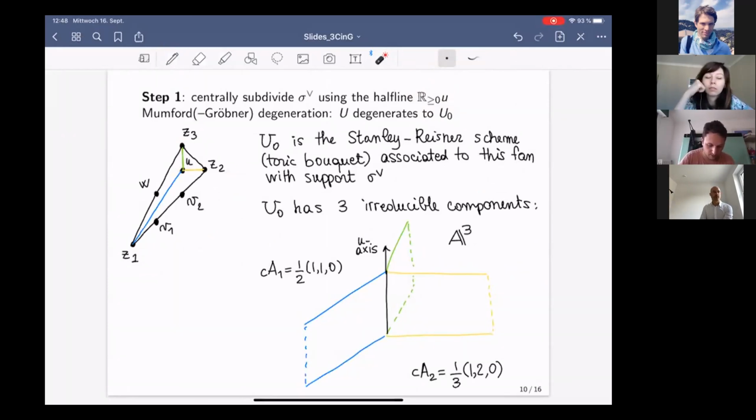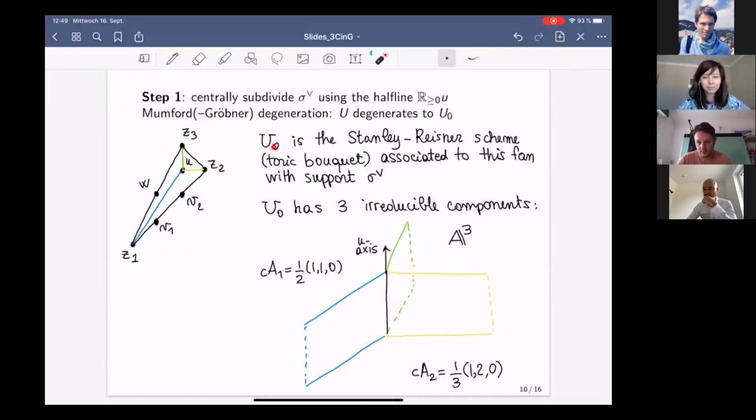So now if I consider a slice given by the previous situation, I get three-dimensional cones, which correspond to the cones over these three areas. So basically I join Z1 with U, Z2 with U, and Z3 with U. So this gives a fan with support sigma dual. And now I can create the Stanley-Reisner scheme associated with this fan, and some people call it a toric bouquet.